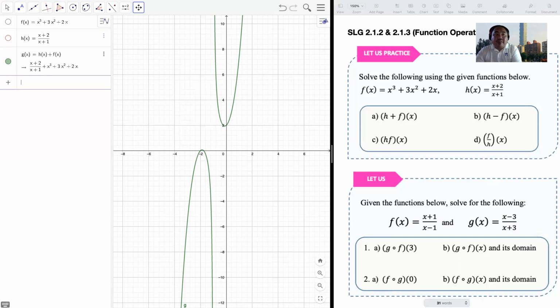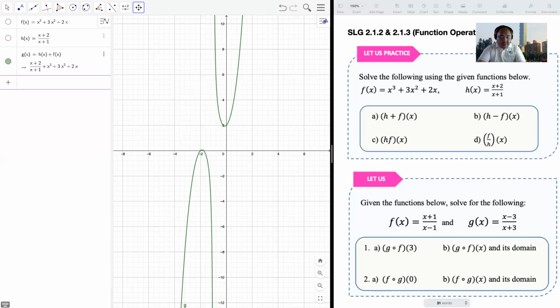The thing, however, that I'd like you to notice is that because the graph is there, it gives you a very clear picture about the function, and it will be able to point to you the domain and the range of this function. You will see that this function has a domain of all R except -1.